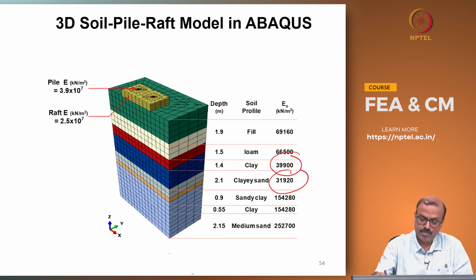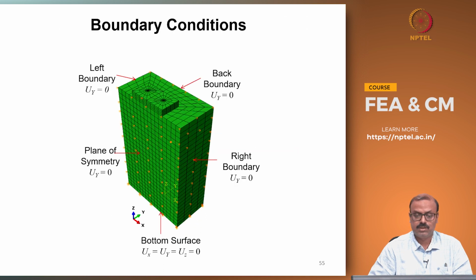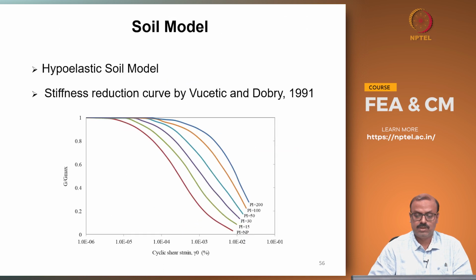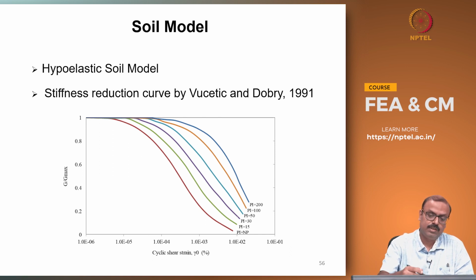There will be a lateral load issue in those particular layers. These are the boundary conditions. This is the hypoelastic soil model, basically a nonlinear elastic type of model, where the modulus varies with strain.